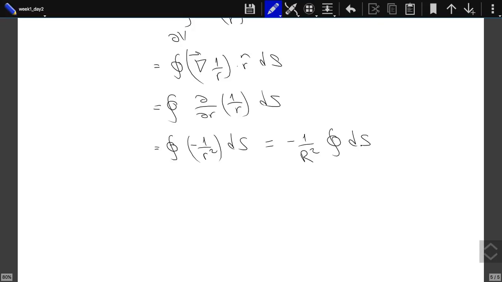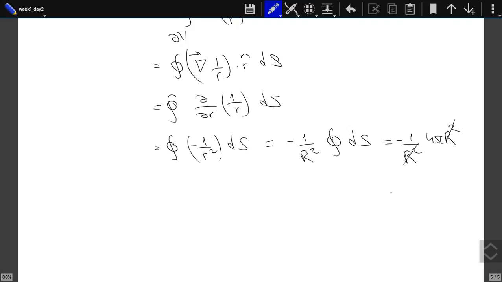Here we have a surface integral, and remember what an integral is. You have a region, you divide it into very small parts, then ds is the area of each one of those small parts, the magnitude of the area vector, and we are summing over all those areas. It will just give me the total surface area of the sphere, which is 4 pi R squared.